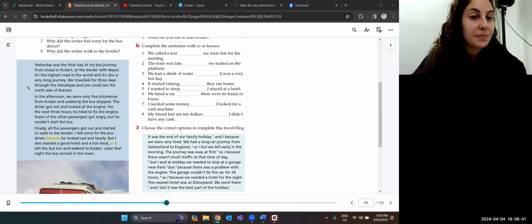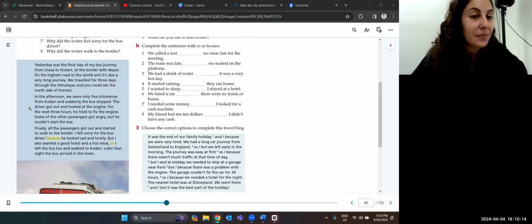We traveled for 3 days through the Himalayas, and you could see the north side of Everest. In the afternoon, we were only 5 kilometers from Kodari, and suddenly the bus stopped.